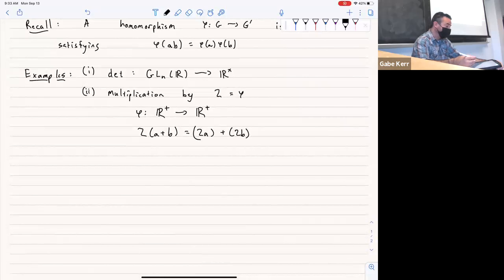Another arithmetic one that you've been dealing with since probably middle school or so is the exponential. So the exponential function will take a real value with addition to a real number.